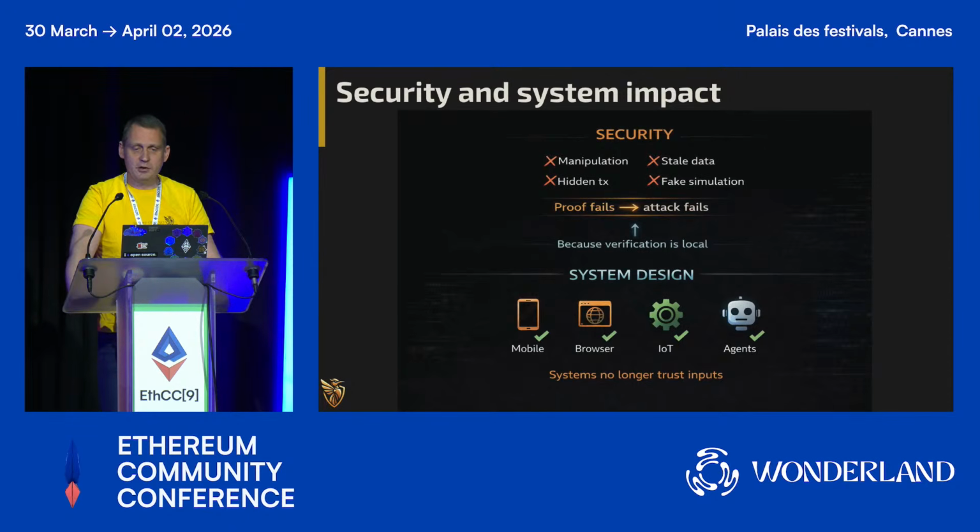That opens something new. You can build systems that act on blockchain data without trusting infrastructure. This is especially important for autonomous systems because they don't have human intuition. They need guarantees, and stateless verification gives them those guarantees.